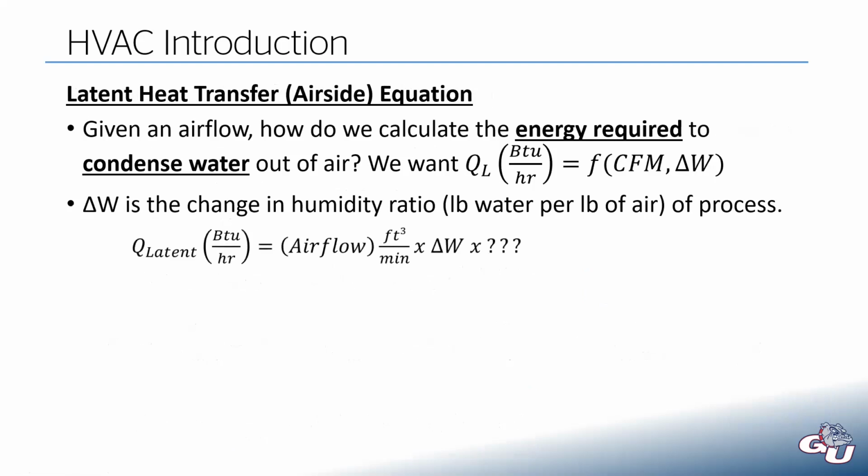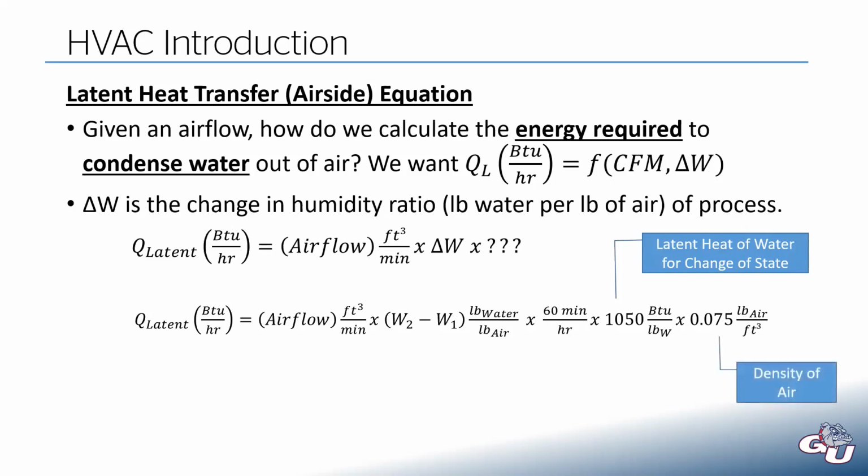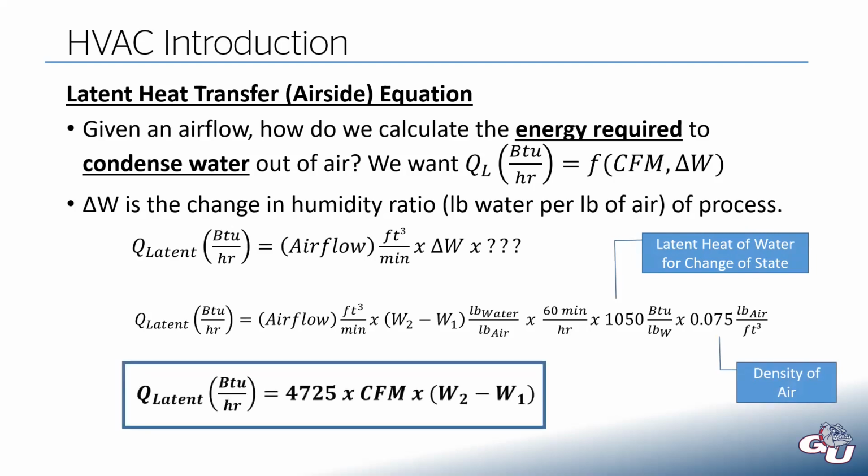Run through similar steps, except this time we are using the latent heat of water for change of state. So that's to get water from a vapor to a liquid or vice versa, about 1,050 BTUs per pound of water. And we still have that density of air factor. If you work out the units, you end up with BTU per hour.